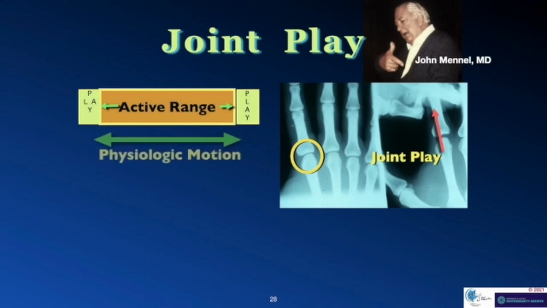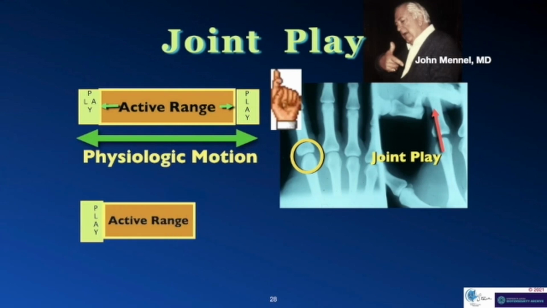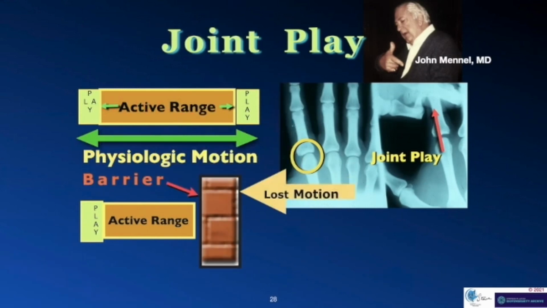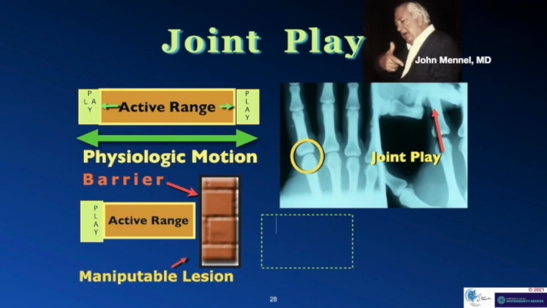But there's also a passive range at each end of play movement, where that space has to be free enough to move and give and allow that active range. And if it doesn't do that, you get a barrier that's restrictive, but you may be able to loosen it by doing things like warming up and stretching and manipulation and massage, heat, whatever you want to do, something loosens it up. But clearly stretching does this.